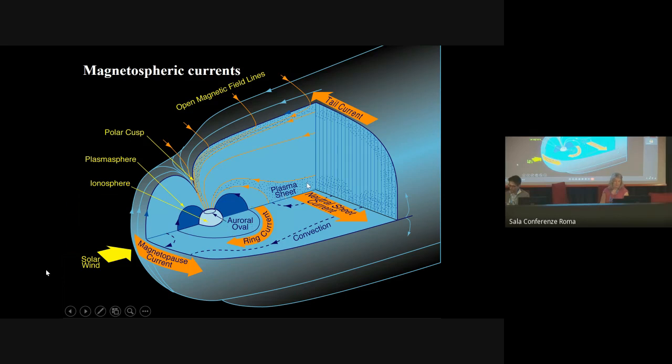And then you also have field line currents here, connecting the plasma sheet to the ionosphere at high latitude, also called Birkeland currents, and that will inject electrons in the auroral oval and create brighter aurora when there are events.